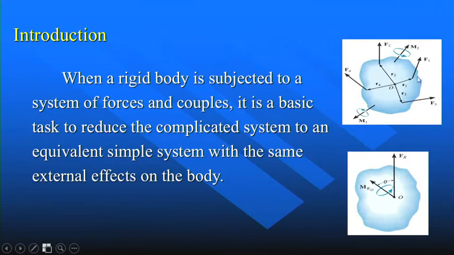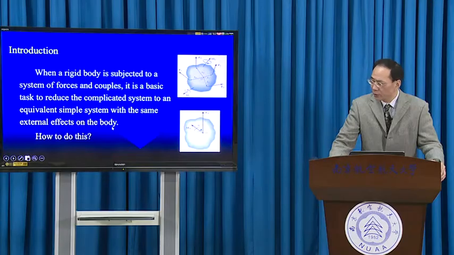So given a complicated force system, how can we reduce it into a very simple system with just one force and one couple moment? This is what we will explore in this section. How to do this?